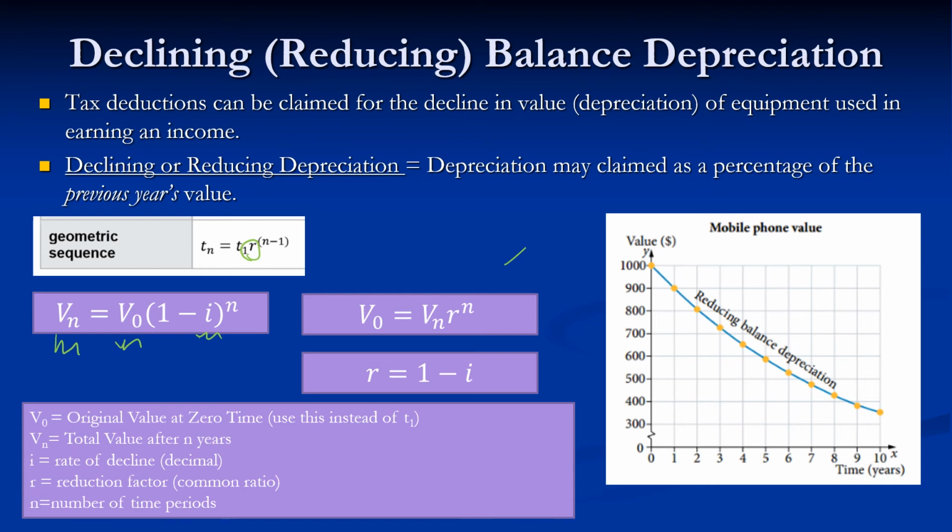Now, we can summarize that as saying the original value at 0 time equals the value in the nth year times R to the power of n. And that should be 0. Oh no, that's right. And R should equal 1 minus I. And you'll get a curvy graph, of course, rather than a flat graph.